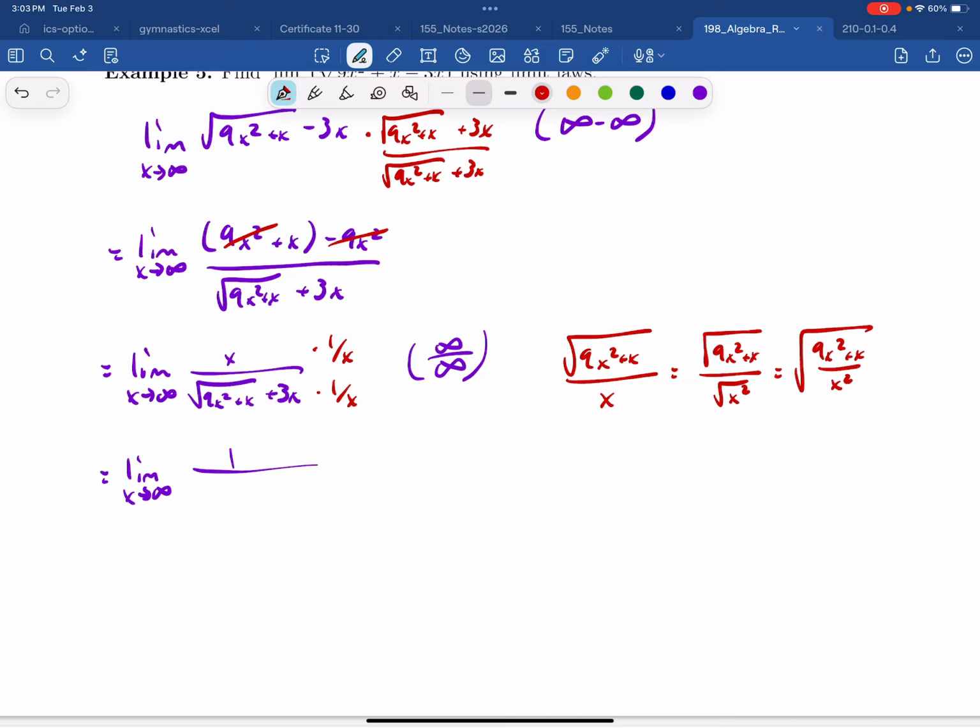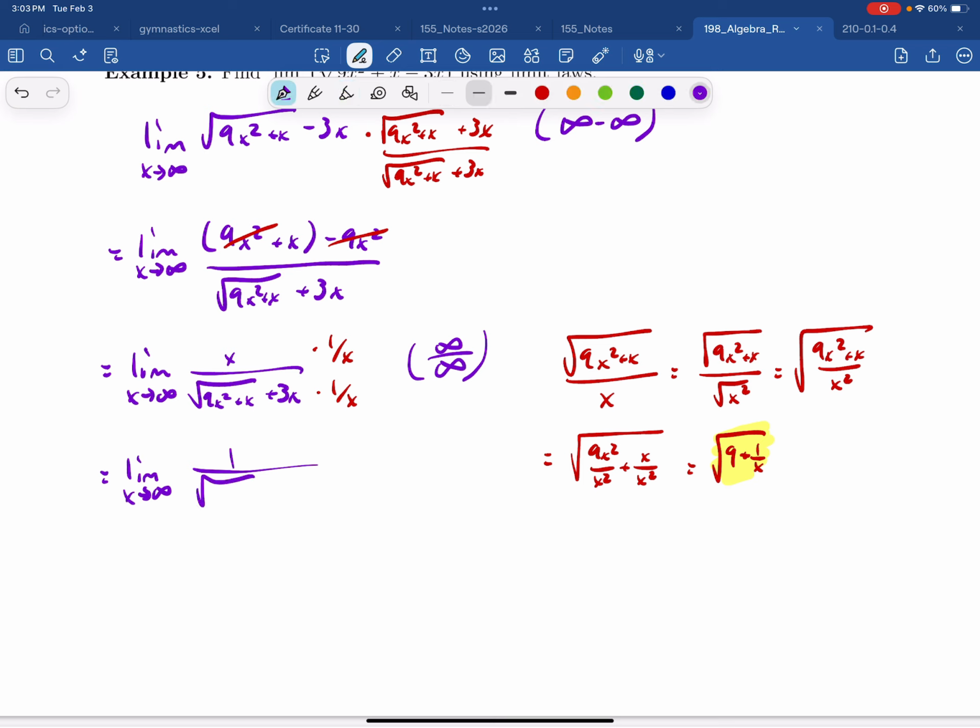And when we do that, if you think about the fractions, if we just split up the fraction, we get 9x squared over x squared plus x over x squared. And then this becomes the square root of, well, 9 plus 1 over x, right? So I'm going to just take that, highlight it, and stick it right here.